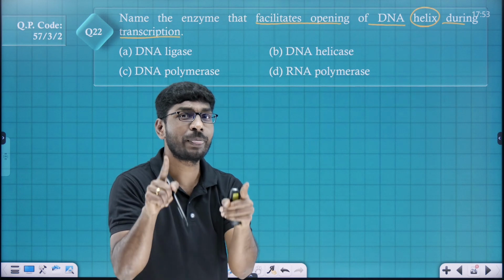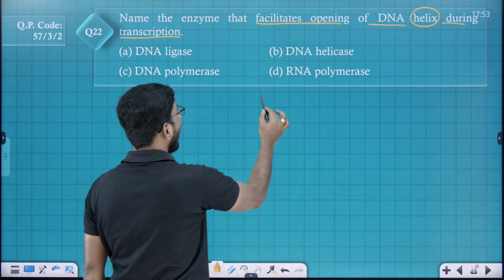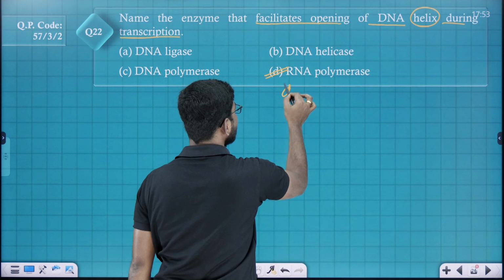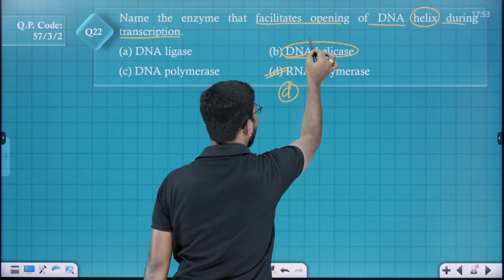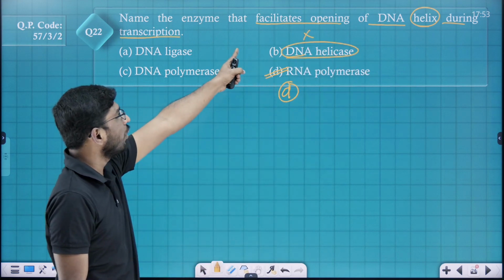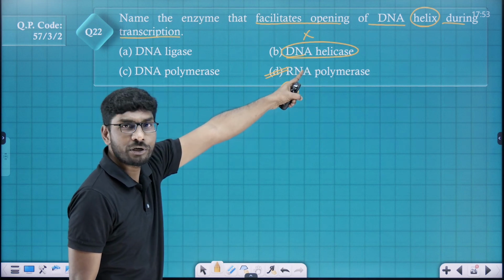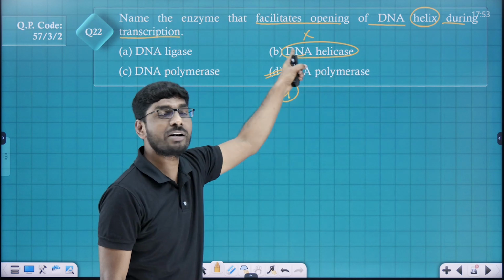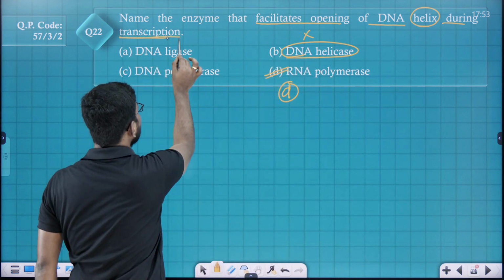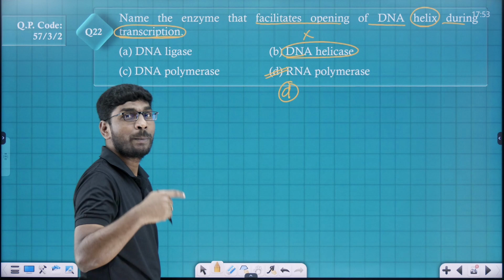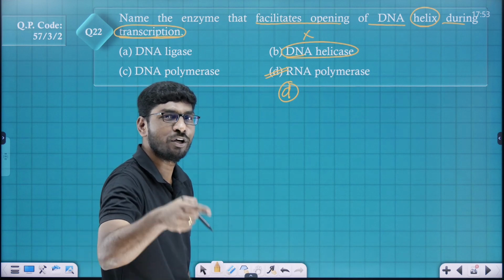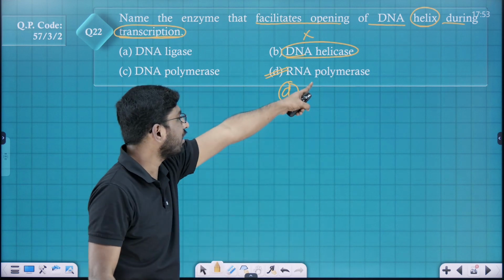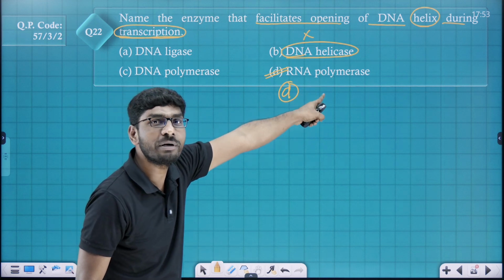RNA formation means the enzyme name is what? Tell me. RNA polymerase. It is not the helicase enzyme. Whenever you read opening of the helix of double-stranded DNA, you will go with helicase. No, they are not asking in replication. They are asking in transcription. So our answer is RNA polymerase.